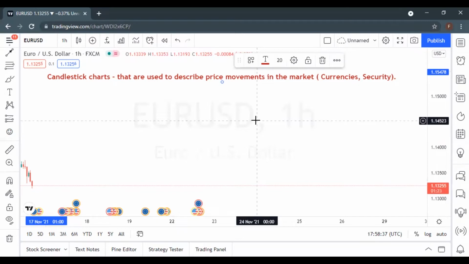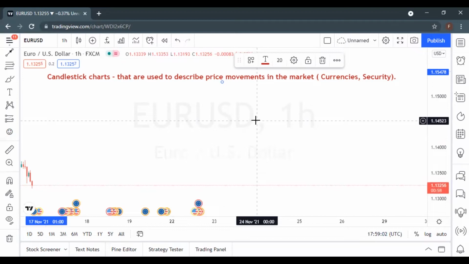If overall all of them are performing well, the market will be moving to the upside. If they are not performing well overall, the market will be moving down. So candlesticks are very important because they give us an idea of how the price is moving in the global market.